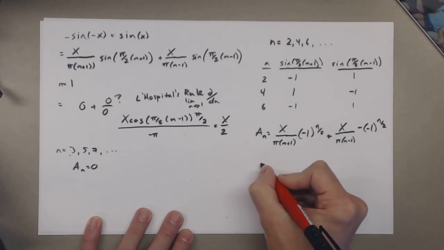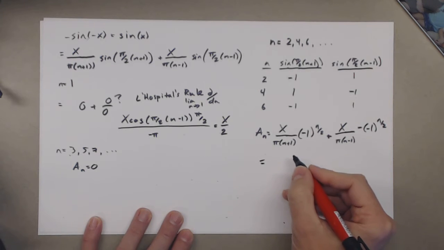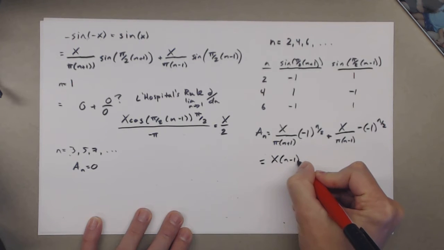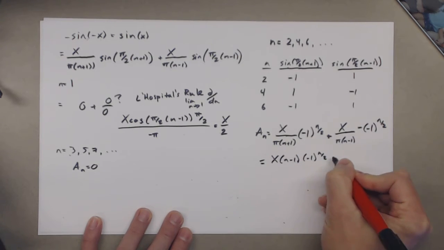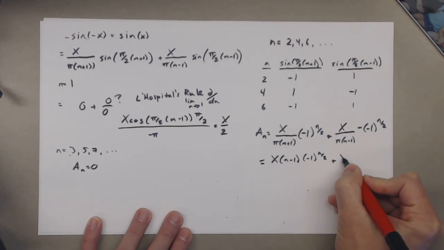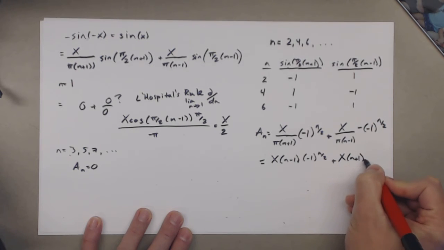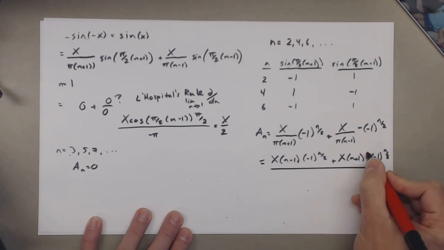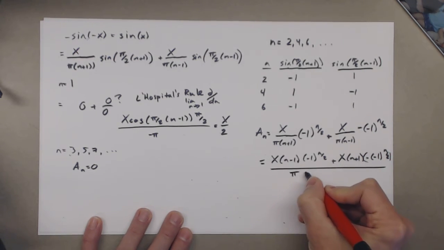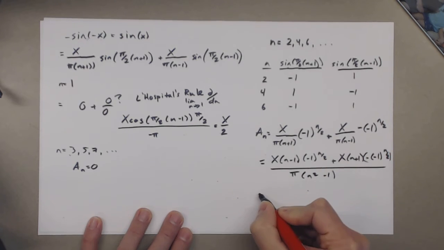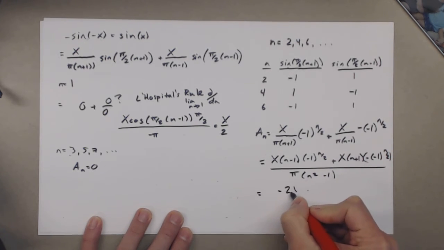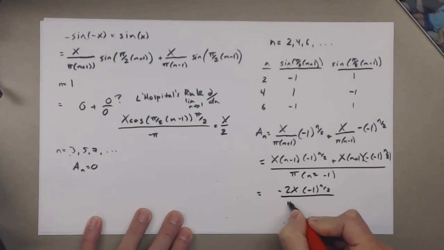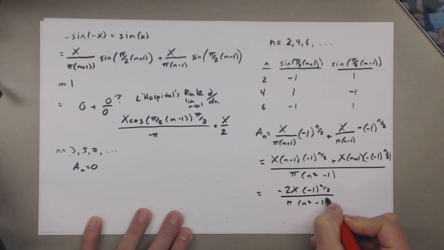And so we can further combine, get the same denominator on either side, combine terms: x times n minus 1 times minus 1 to the n over 2 plus x times n plus 1 times minus 1 to the n over 2, over pi times n squared minus 1. And we end up with minus 2x times minus 1 to the n over 2, over pi times n squared minus 1.